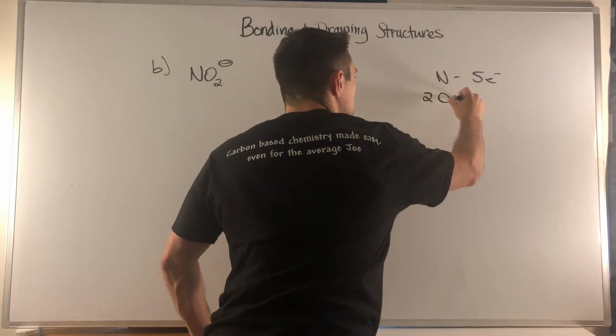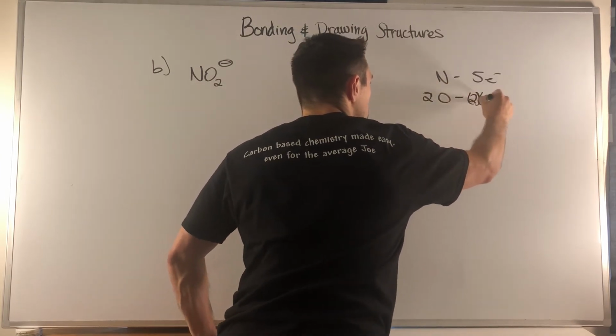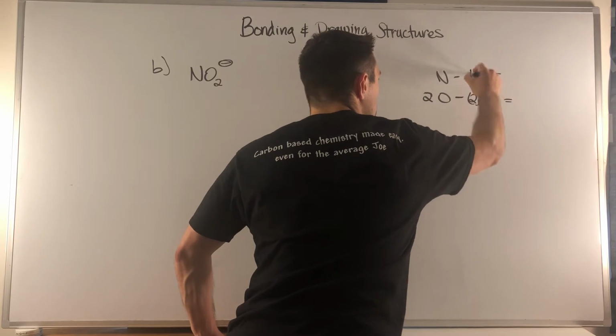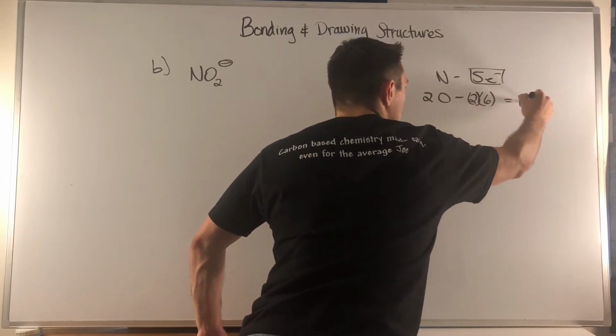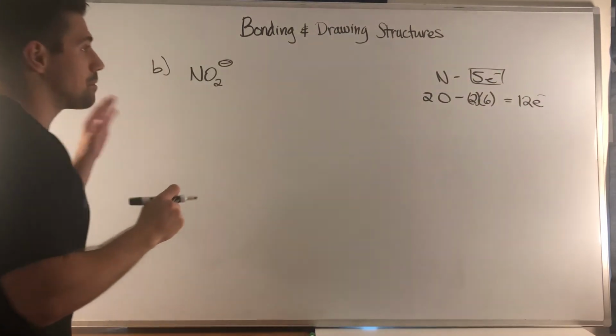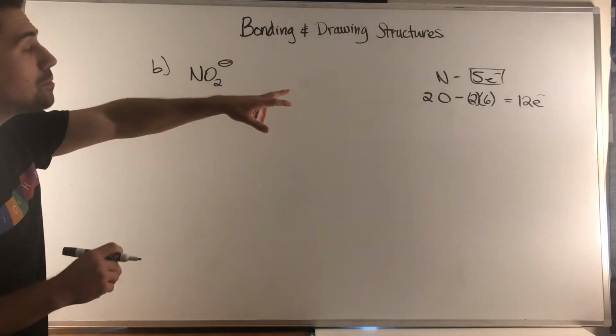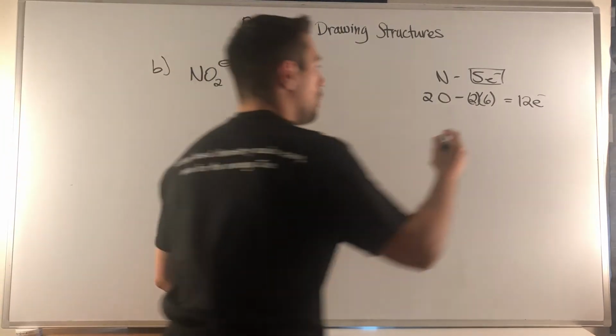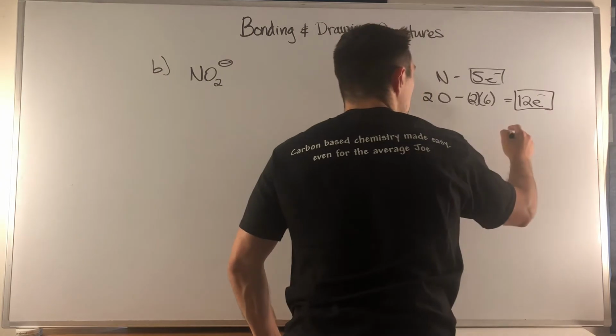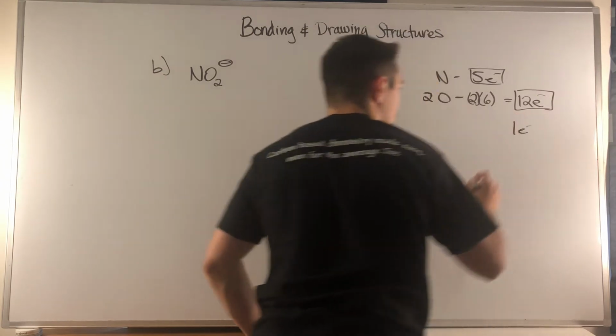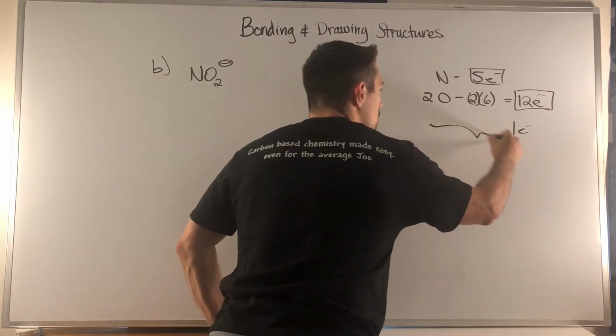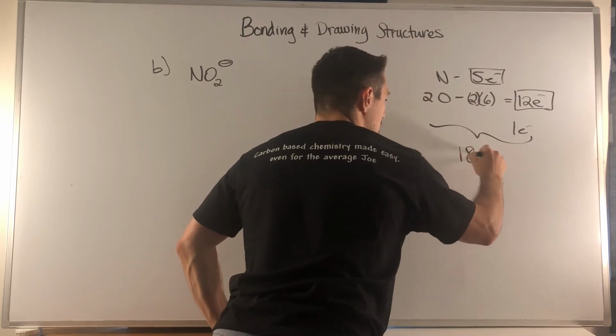They each bring 6 to the table, so we have 2 oxygens times 6 electrons. That's going to give us 12 electrons total. But remember, we're not done because that would be 17. However, we have that -1 that comes along with this ion. So we have 1 electron extra. So for a grand total, we are working with 18 electrons, right?